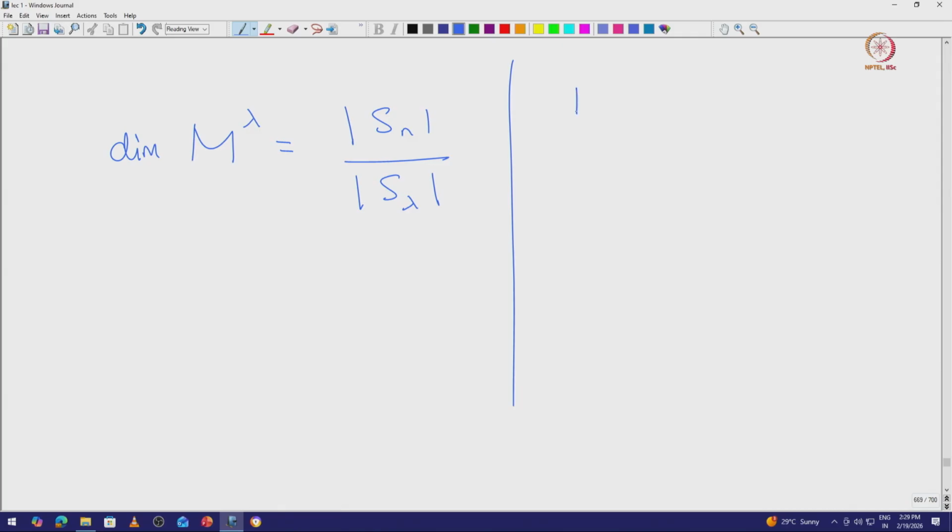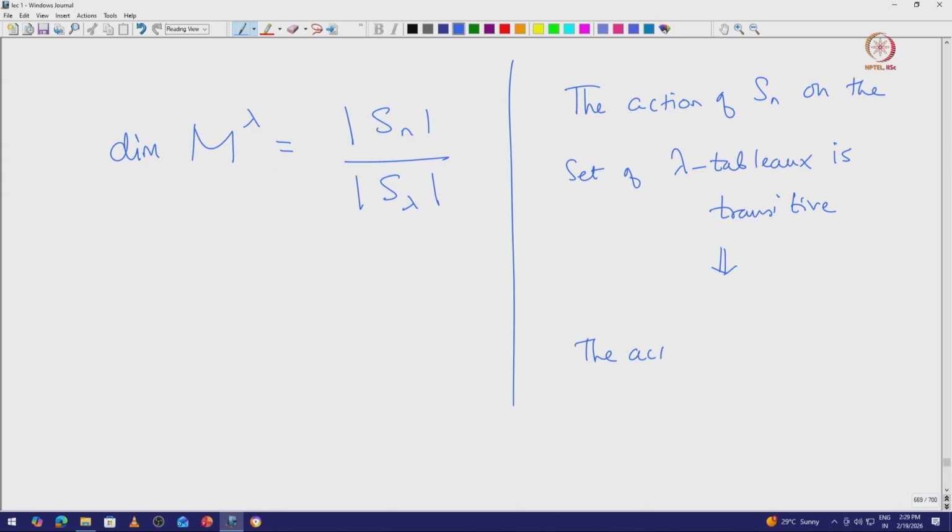So, the action of Sn on the set of lambda tableau is transitive, and that would imply that the action of Sn on T lambda is also transitive.